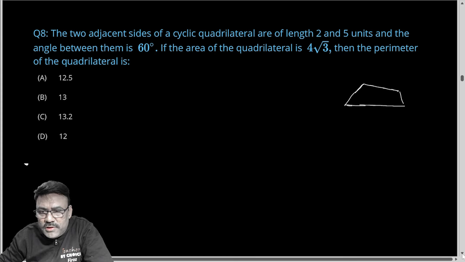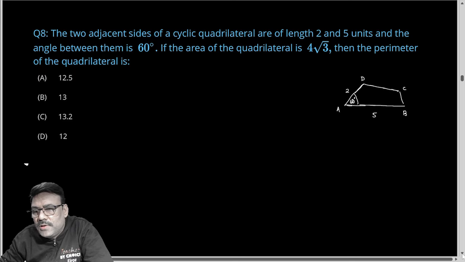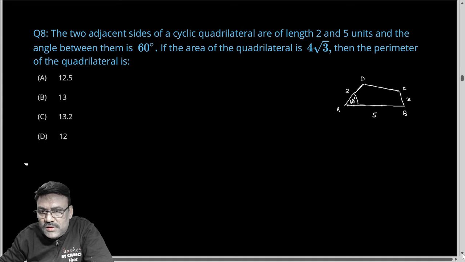Let me name it ABCD. This one is 2, this one is 5, this angle is 60 degrees. So we need the other two sides, BC and CD. Let's say this side is x, this side is y.